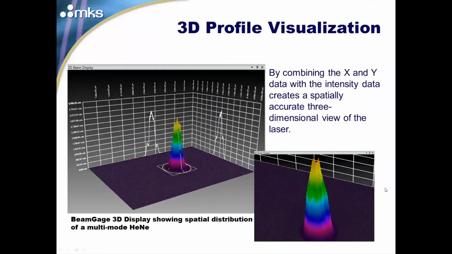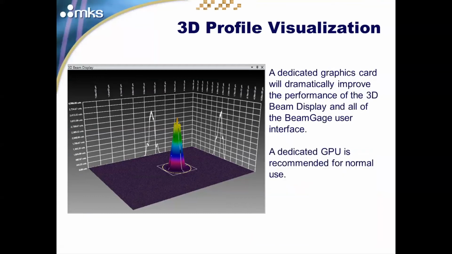For 3D profiles, BeamGage combines the X and Y data along with the intensity data to create a spatially accurate three-dimensional view of the laser. For this display, a dedicated graphics card will dramatically improve the performance of the 3D beam display, but will also improve the performance of the rest of the BeamGage user interface, as it natively uses graphics capability if you have it.